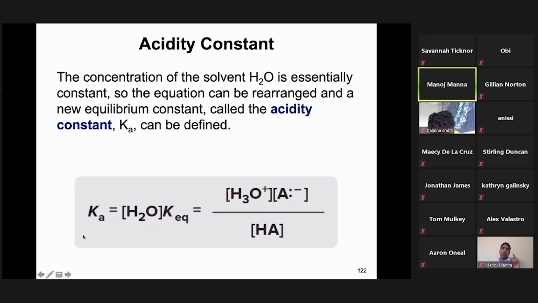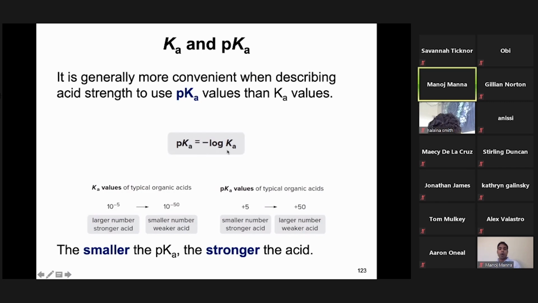Now, if you remember from general chemistry, pH equals minus log of the concentration of hydronium ion. That's the definition of pH. Similarly, pKa means, if we know the acidity constant Ka, pKa equals minus log of Ka, right? So one fundamental thing to remember: the higher the Ka value, the higher the acidity, but the lower the pKa value, the higher the acidity.